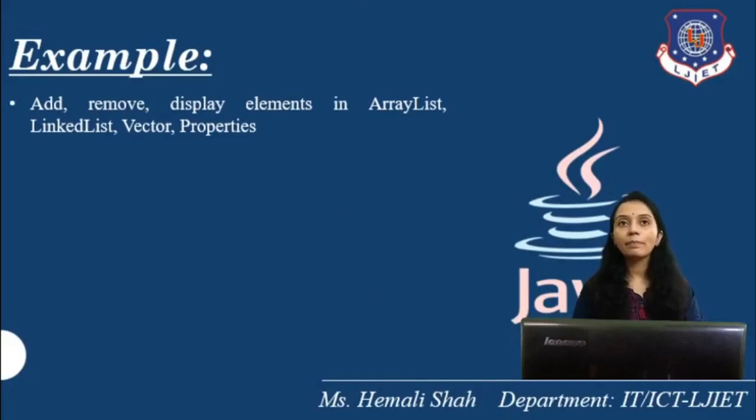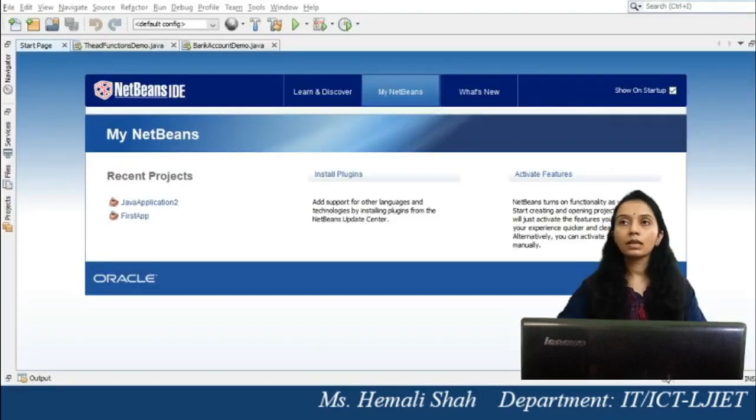Let's do one example that shows how to add, how to remove, and how to display elements available in collections like ArrayList, LinkedList, Vector and Properties. So let's try an example using NetBeans. For that I am moving inside NetBeans. So here it is, NetBeans. Now inside NetBeans, let's perform this example.